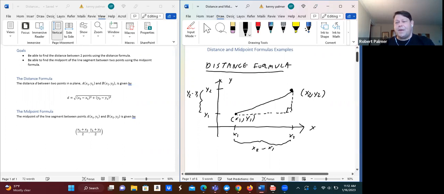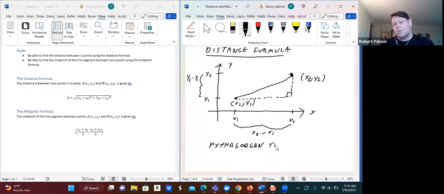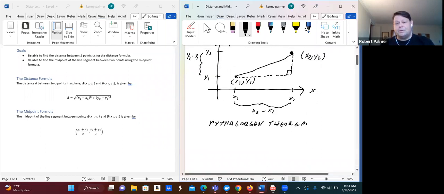And so we can use the Pythagorean theorem, if you're familiar with that. Remember, the Pythagorean theorem is only for right triangles.